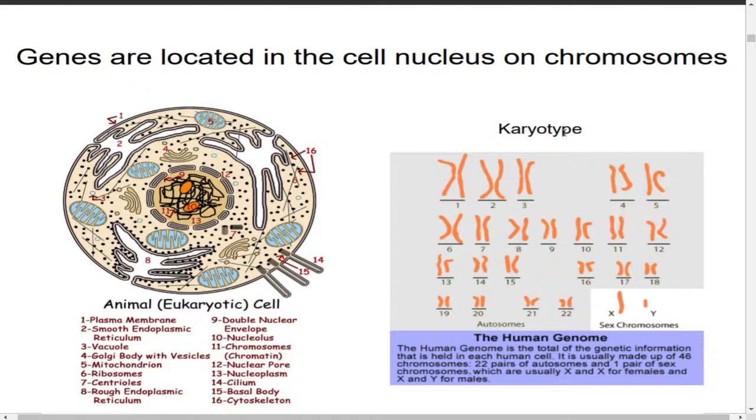And this is a karyotype. And this is a eukaryotic cell, which is an animal cell in this case, as we can see in this image. And this one here is showing all the types of paired chromosomes.